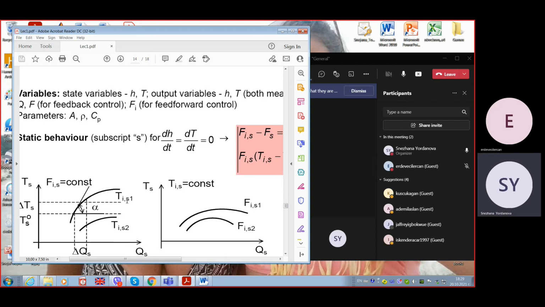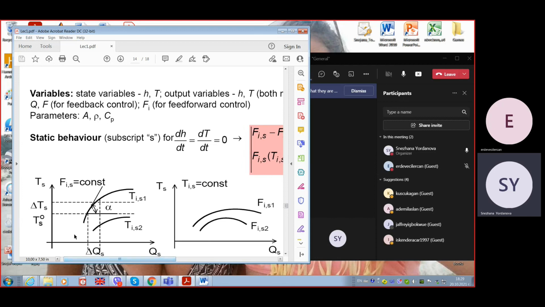for fixed other input variables, disturbances, and the gain with which the change of input is reflected in the change of the output. This is the gain.